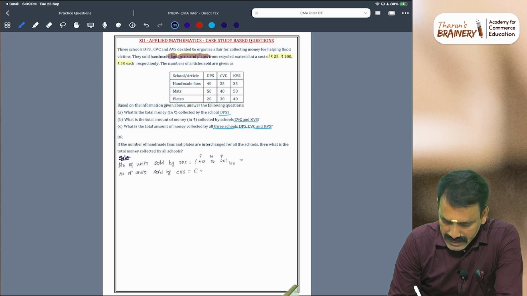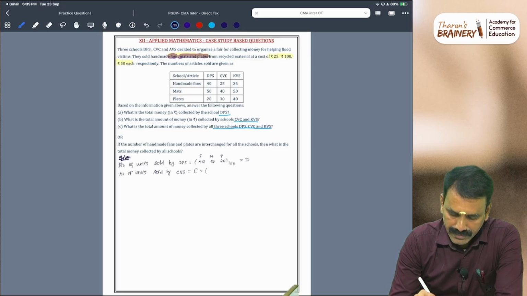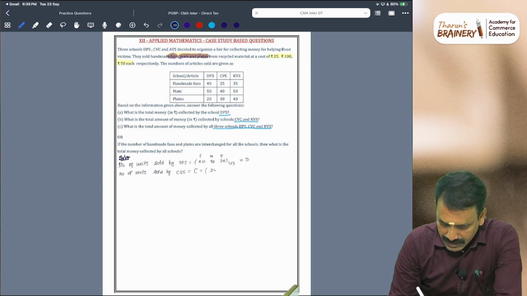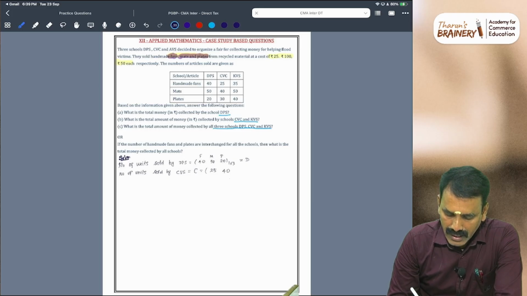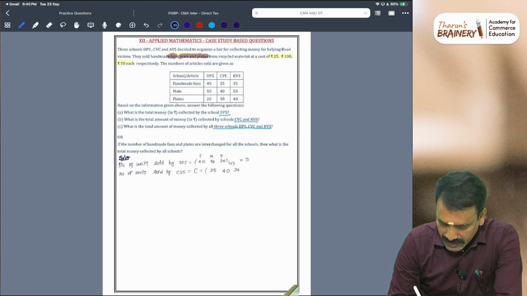Let us take this as C matrix I am going to write. Again, CVC sold handmade fans 25. So the first component will be 25 for fans, and the second one will be 40 units, that is mats. The last component plates, it is going to be 30. And you can very well see it is also going to be 1 row 3 column.